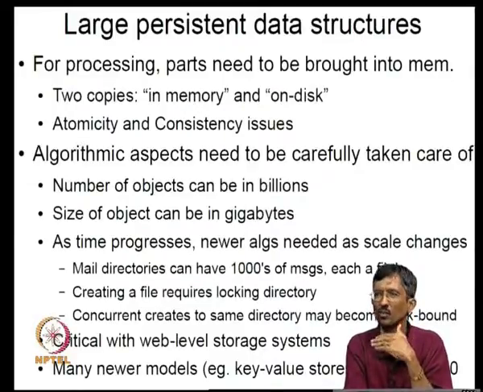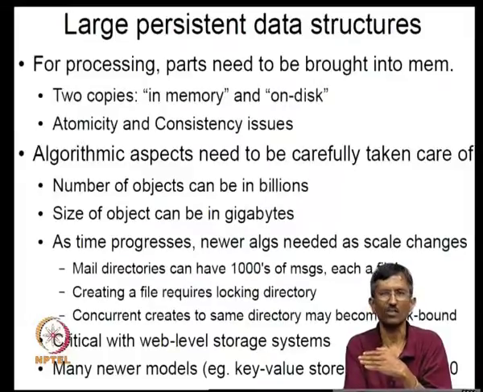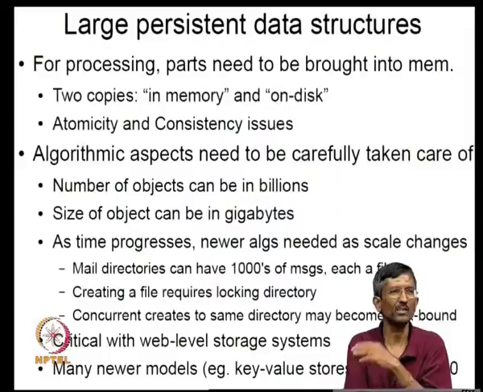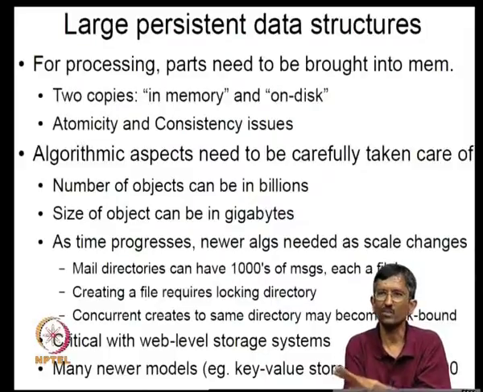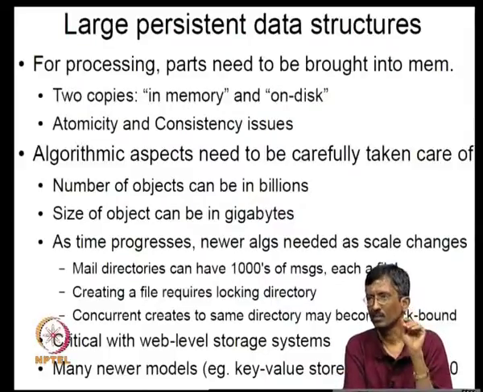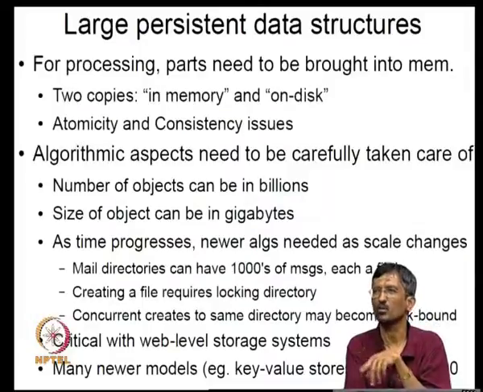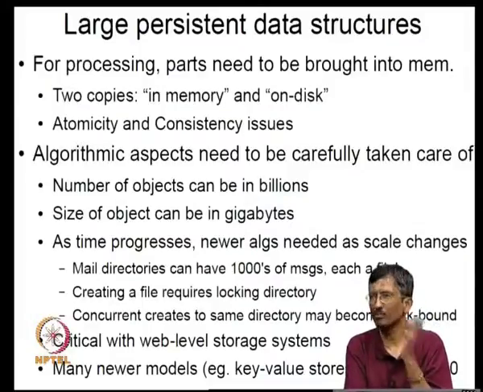So that means that whatever data you want to manipulate, it has to come to memory first. That means there are two copies available, okay? One is in the storage medium, one is in memory. Now once you have two copies, there is an issue of consistency. How do you ensure that if something is there in memory and you expected it to be the same value in the storage also, somebody has to make it happen.